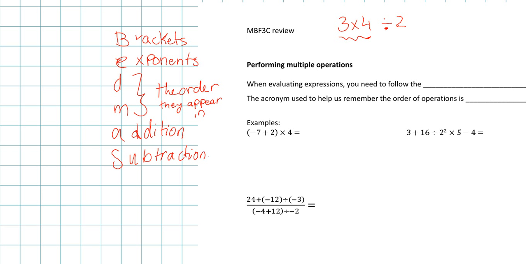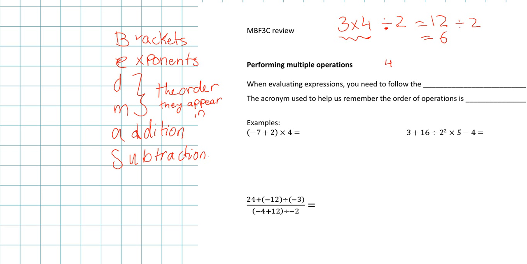So for example, if you have a question like the one you see on top, 3 times 4 divided by 2, you have to do 3 times 4 first, which gives you 12, and then divide by 2, which gives you 6. But if you have 4 times 2 divided by 3, it's going to be a fraction.